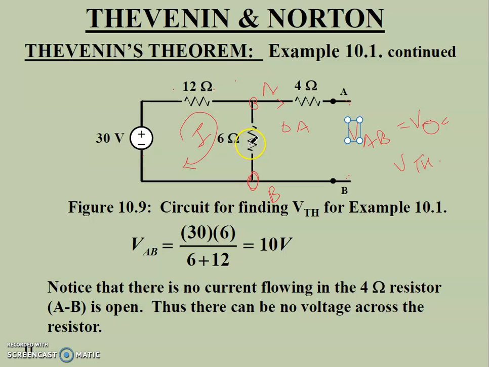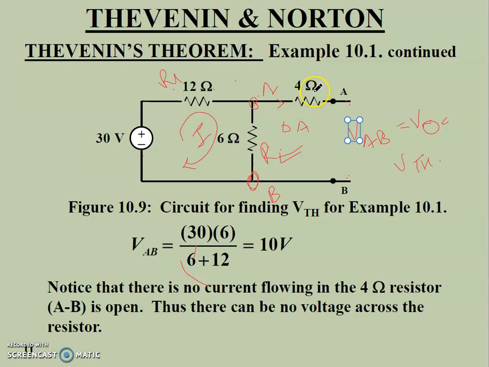The voltage across VAB will be V into R2 upon R1 plus R2, where V is 30, R2 is 6, and R1 plus R2 means 12 plus 6. Whatever result we get, that will be the VAB.